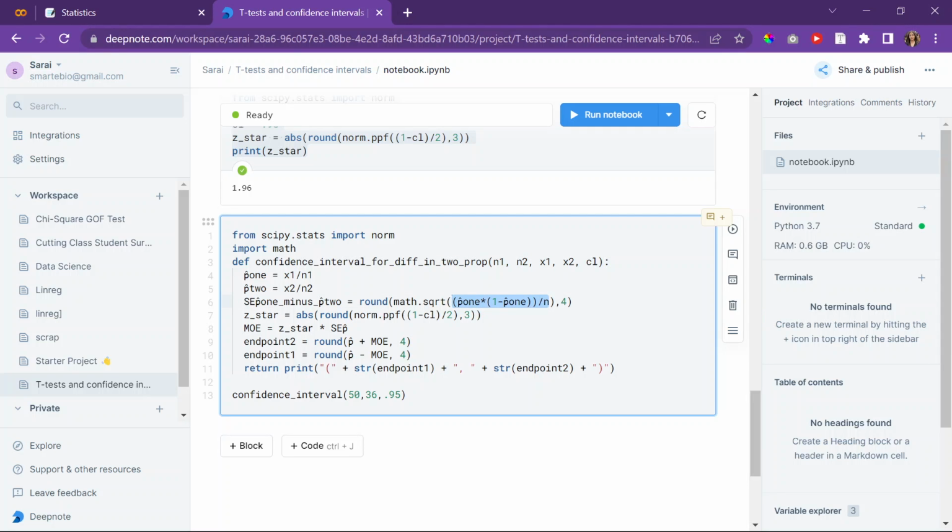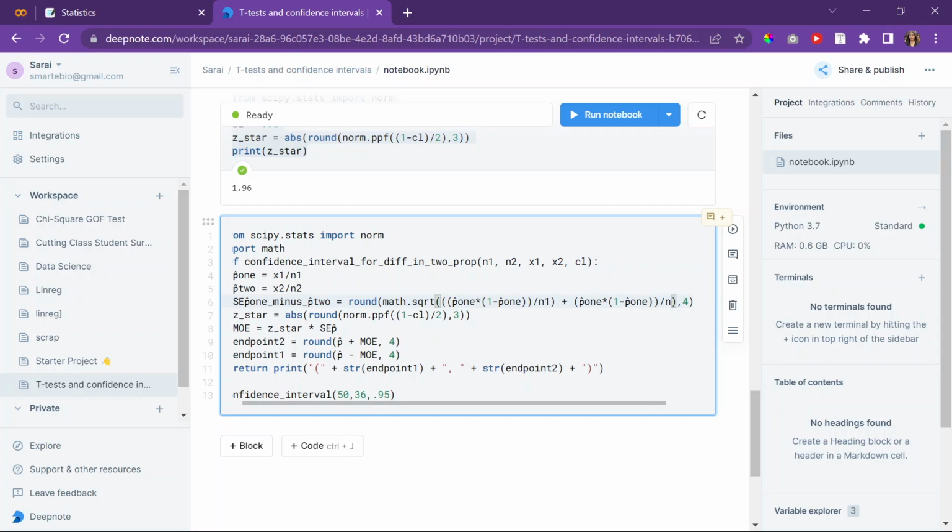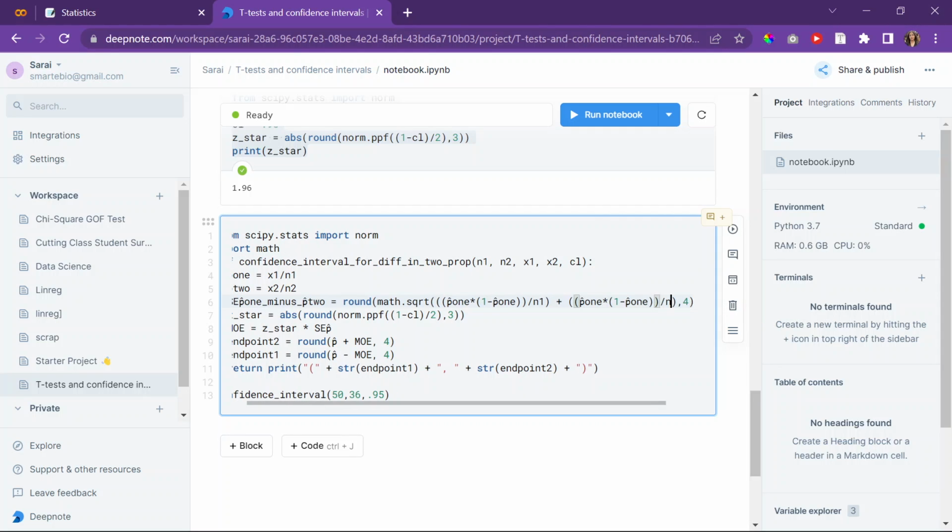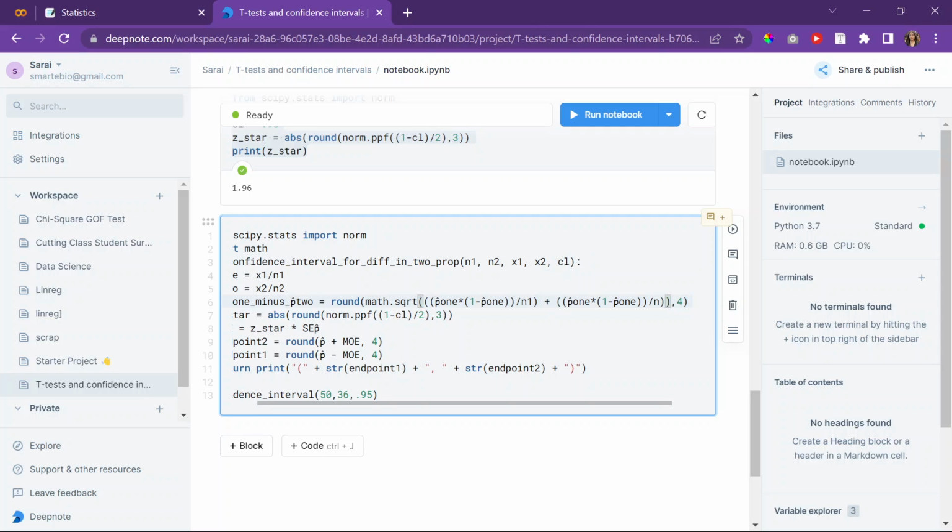Actually, this whole thing is 1, so I'm going to put it in parentheses. And this is n1, and then we're just adding it with another thing here. And this is n2.